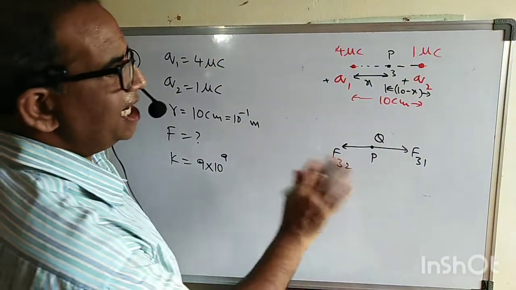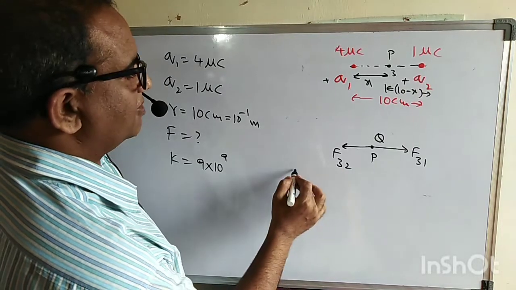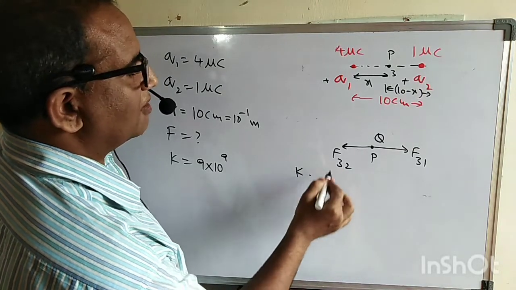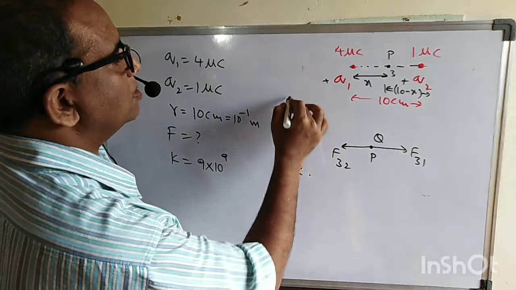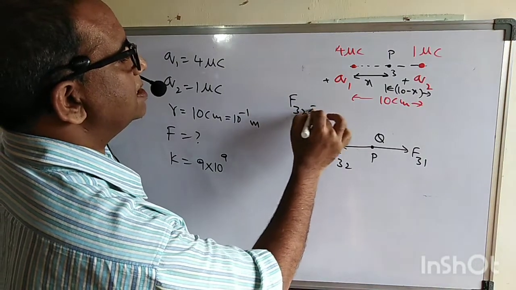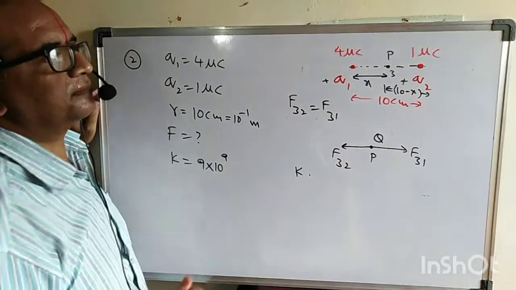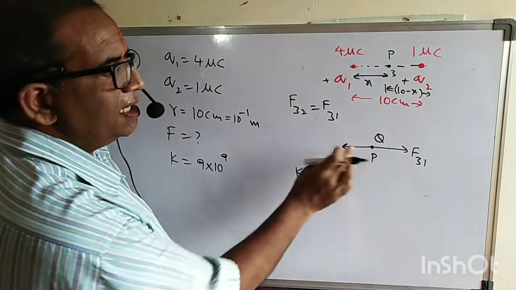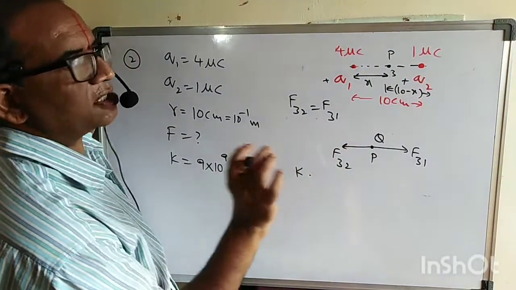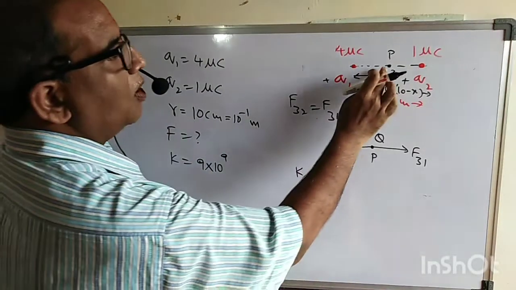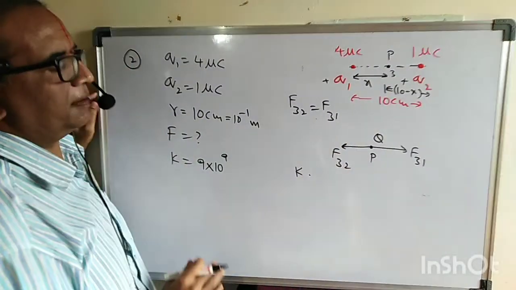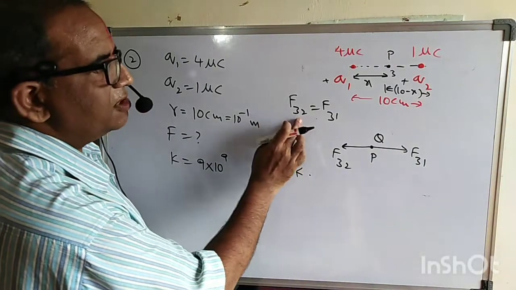The force acting on 3 due to 2 equals the force acting on 3 due to 1. Both are equal. Only then will it stay in equilibrium, because the question asks for the point where it will remain in equilibrium. Therefore F32 equals F31.